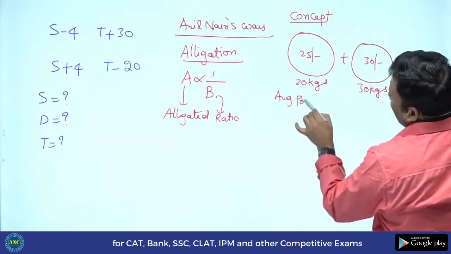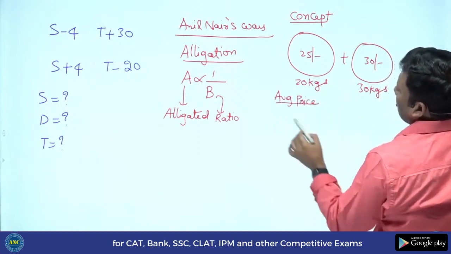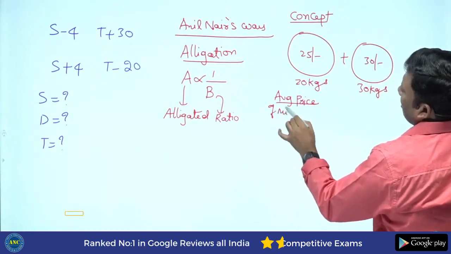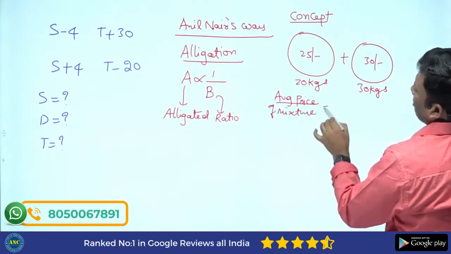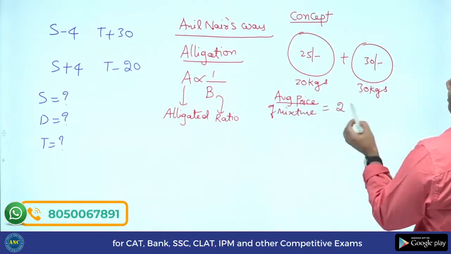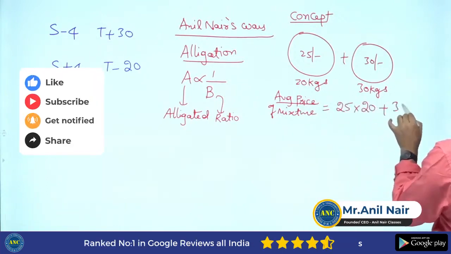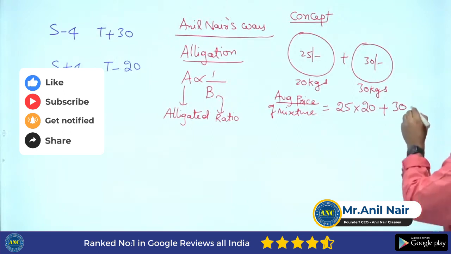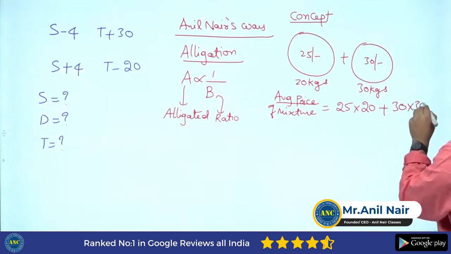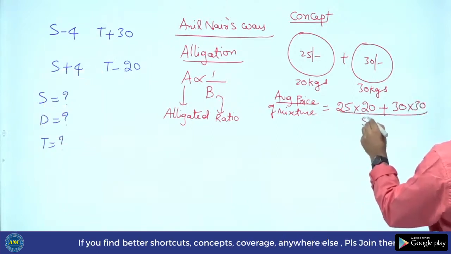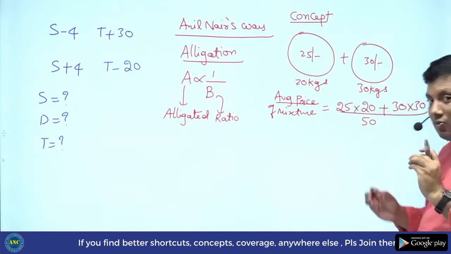What is the average price per kg of the mixture? So 25 into 20, and for the second quality 30 into 30. In total I bought 50 kgs.